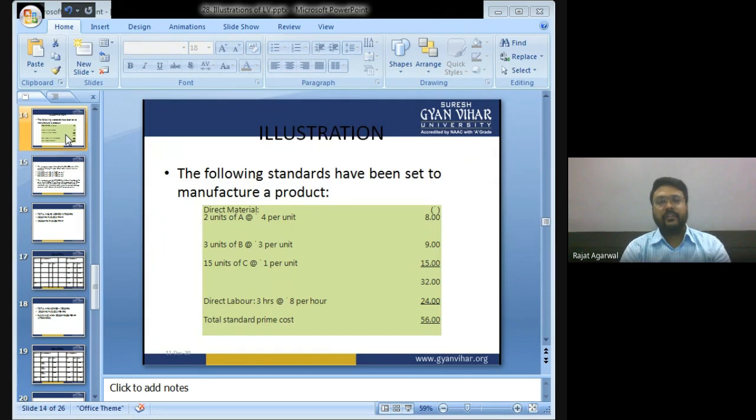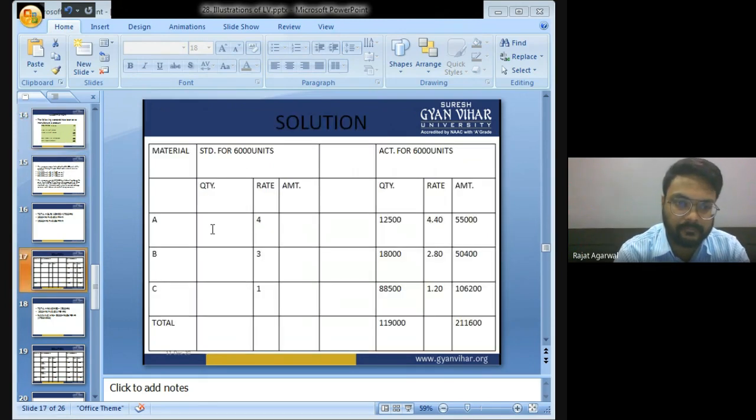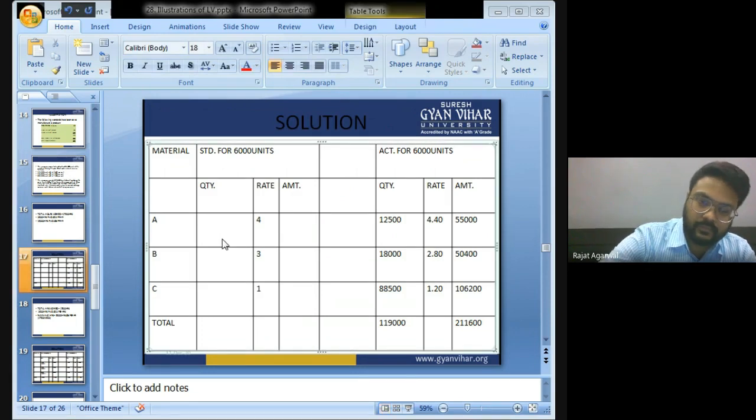It is saying 2 units of A are required to manufacture 1 unit of finished product. Then how many units of A will be required for manufacturing 6,000 units of finished product? That is 6,000 into 2, 12,000.